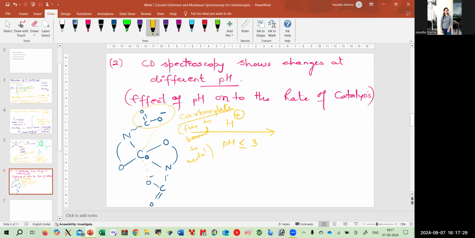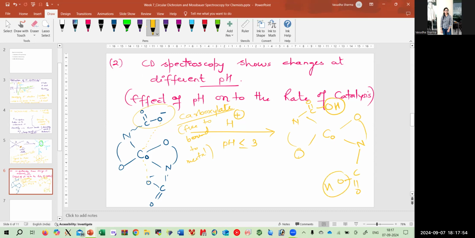Now in acidic conditions, particularly at certain pH, what would it look like. So this carboxylate now becomes OH. Similarly, here also it becomes OH.